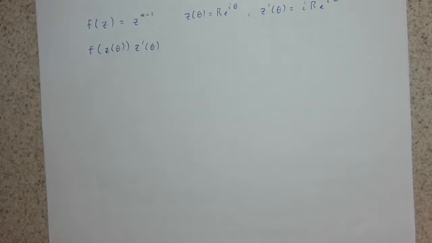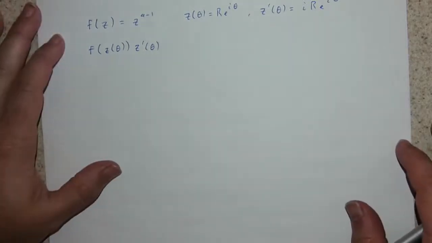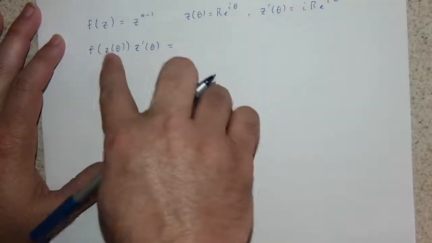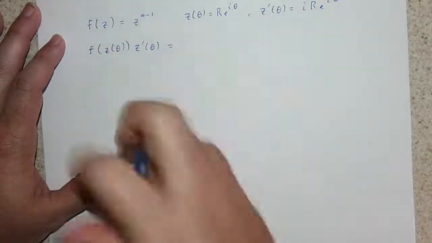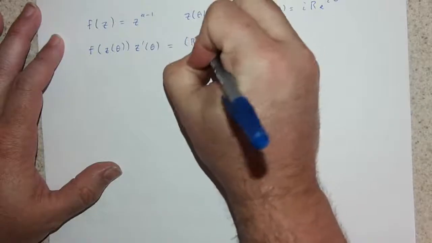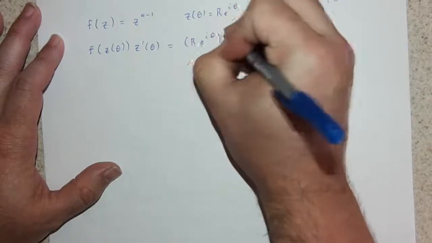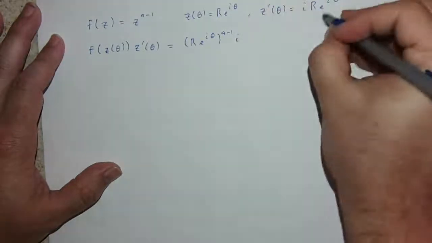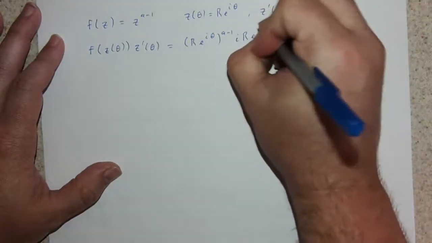Okay. And so I'm taking z of theta, raising it to the a minus 1. So this is r e to the i theta to the a minus 1 times i r e to the i theta.